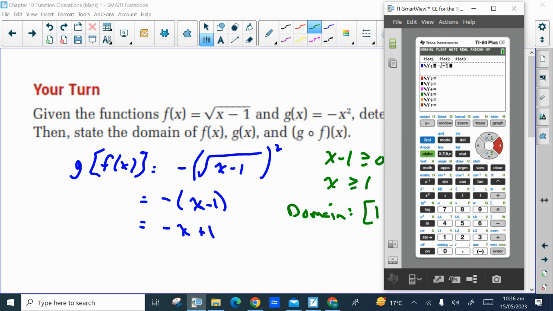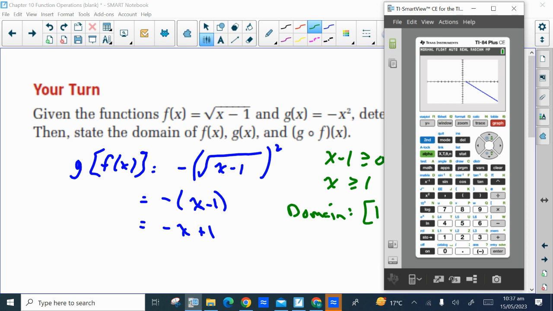And notice we're not using any brackets there, because only the radical part is squared, not the negative. So when we hit graph, this graph goes downwards. It was reflected over the x-axis. That's the effect of that negative sign in front of the radical.